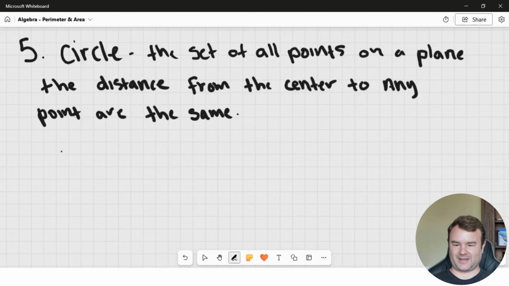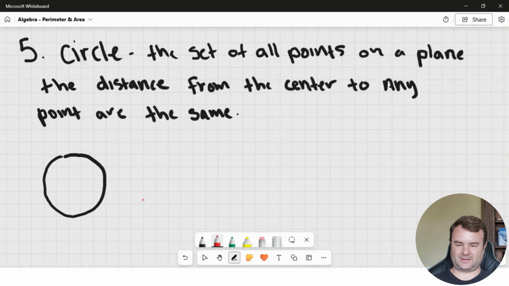So let's go ahead and draw it. I don't think this is going to turn out as good as the other shapes, but our circle is going to look something like this. And our middle point would be somewhere right here. And going back to the vocabulary that we defined earlier, we have the diameter, which is the distance through the circle and its center point.